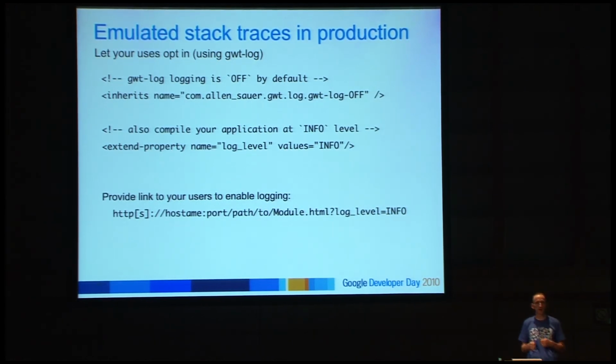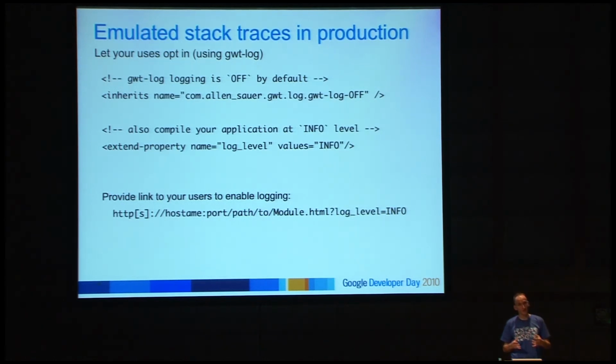So logging is turned off by default in production. I'm also going to compile the same application again with info turned on. That means any log messages, info or higher, will be logged, but debug and lower will not. Anything that's debug or lower is removed from your code during the compilation process.